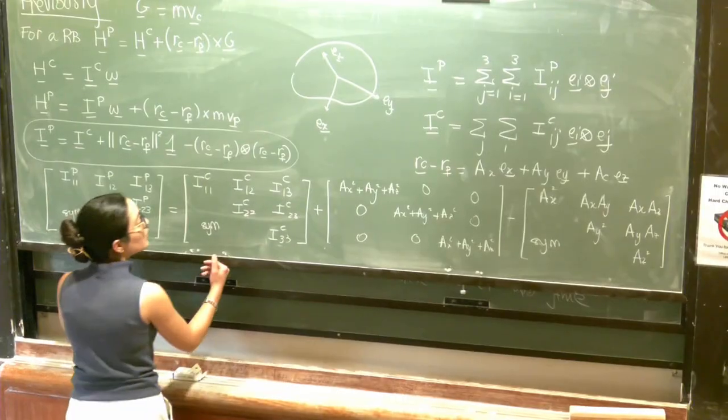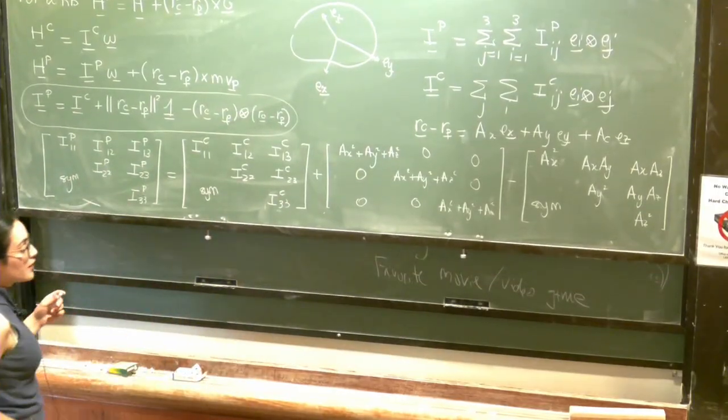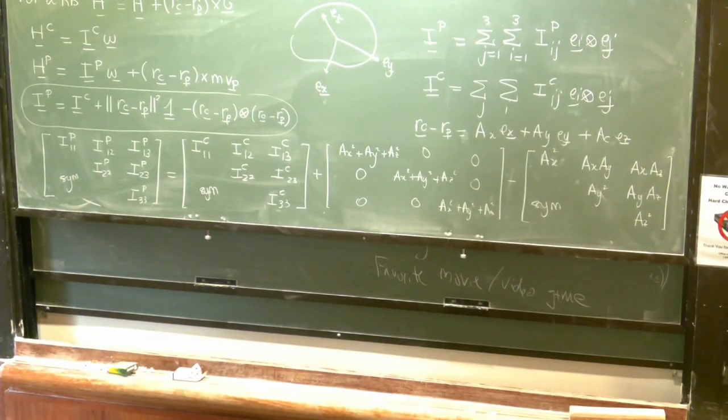So then how many scalar equations can I read off from this big matrix equation? Can anyone guess?